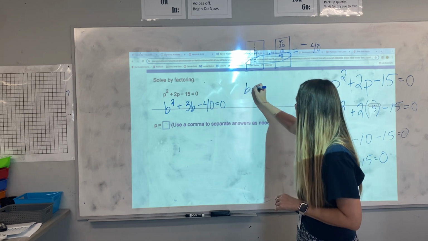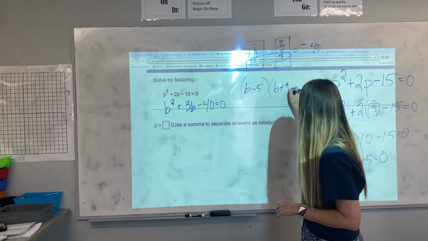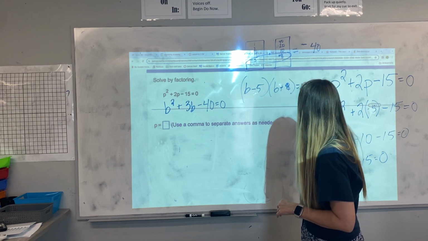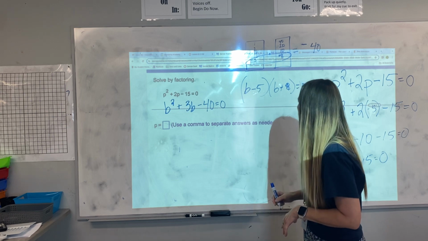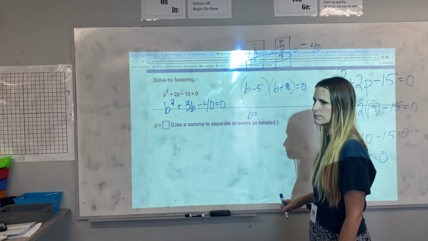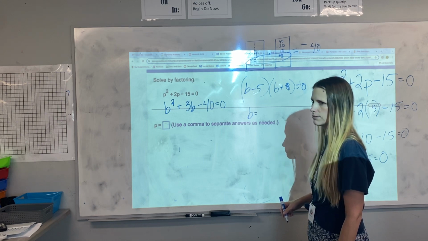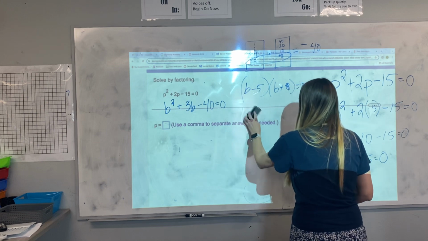So you have B minus 5 times B plus 8 equals 0. So B equals what? Negative 5.